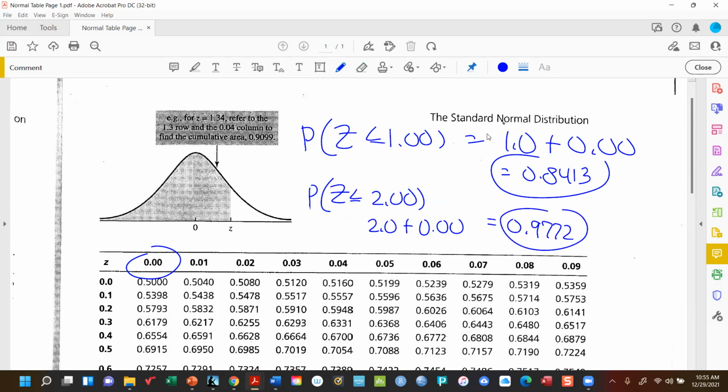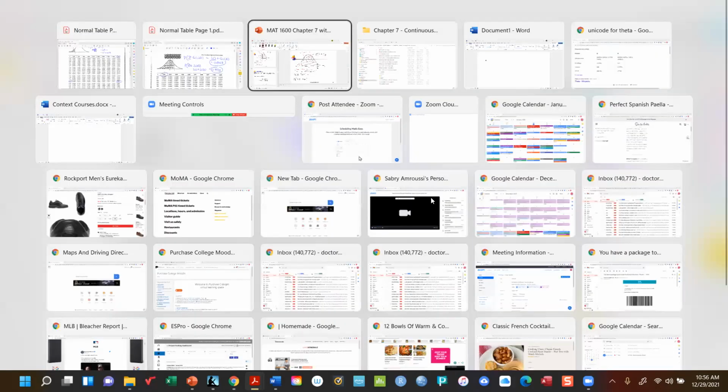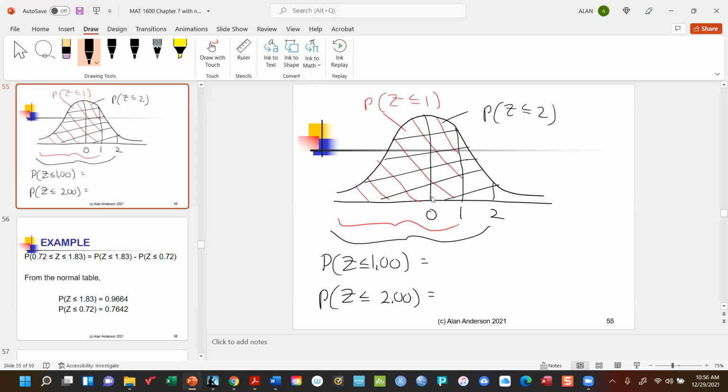So we need the difference between them. Okay. So let's copy this back to the slides. I'm just going to copy what we just did, 0.8413.